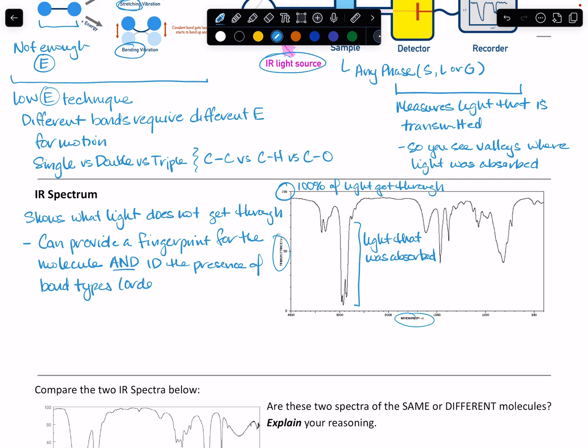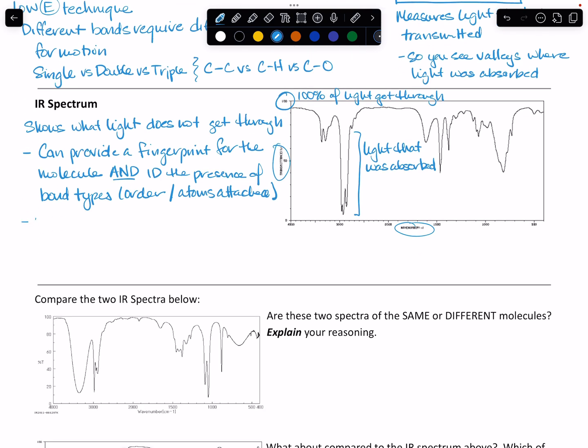And that can be the order, first, second, or third, and or atoms attached. What it does not do is provide detailed structural info.